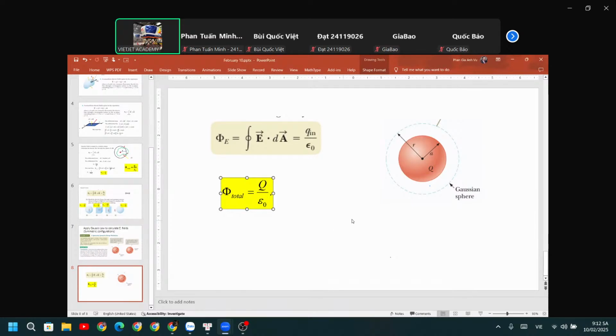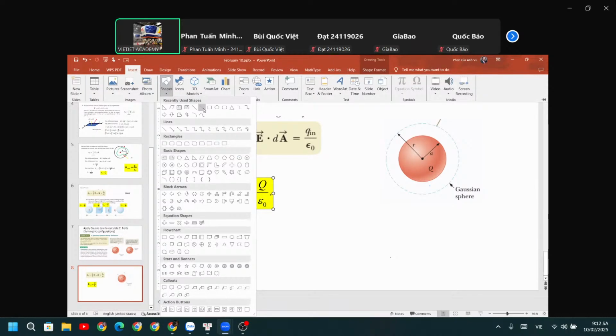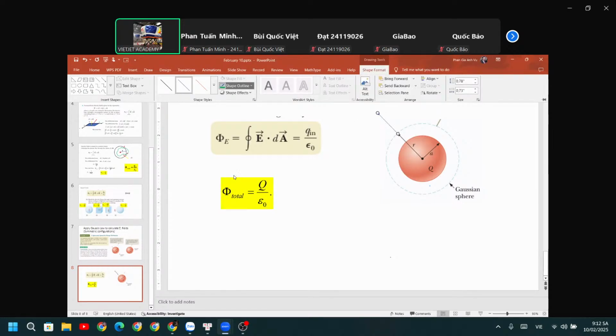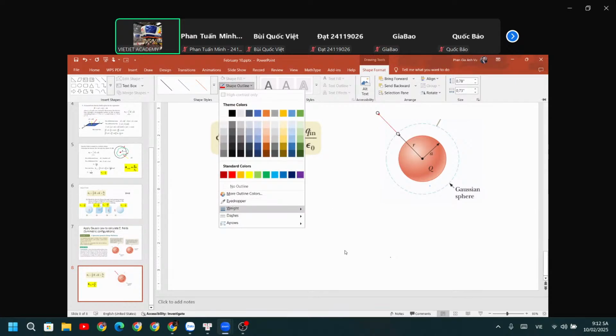But in this case, if we draw the surface at the point where we want to calculate the electric field, we know that the electric field at this point, because of the symmetric configuration, must be this vector, the radial vector.